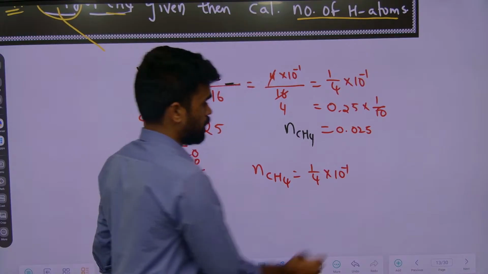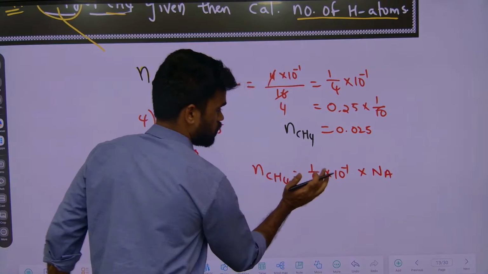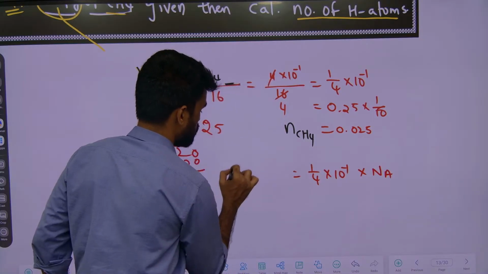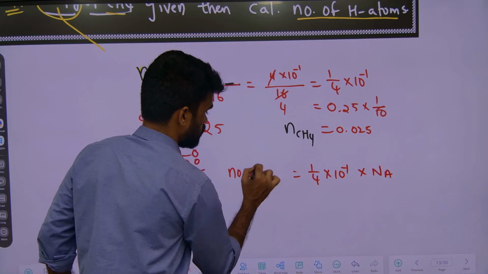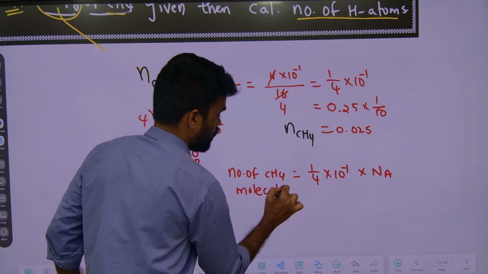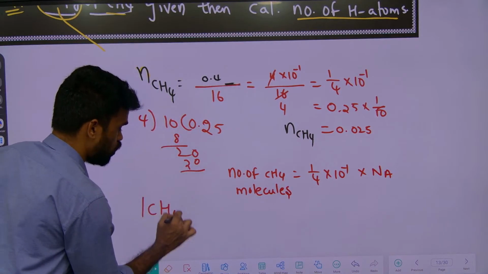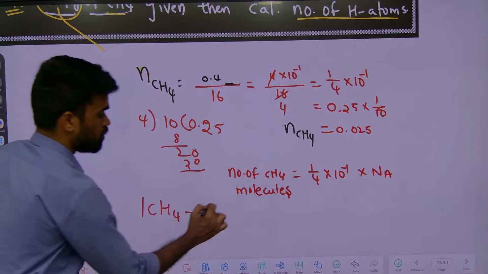Into Avogadro number, so that I will get the number of methane molecules. In one molecule of methane, how many hydrogens? 4 hydrogen.